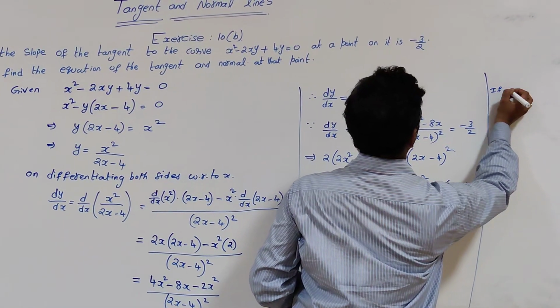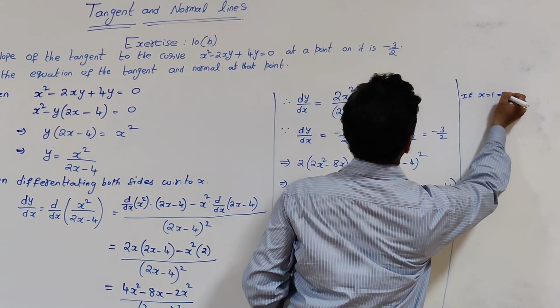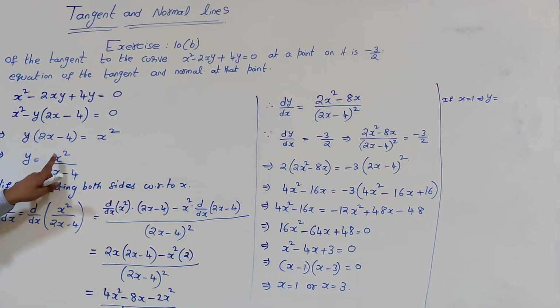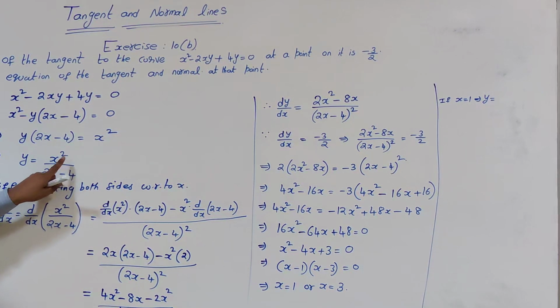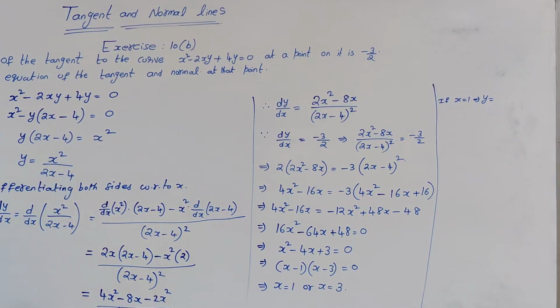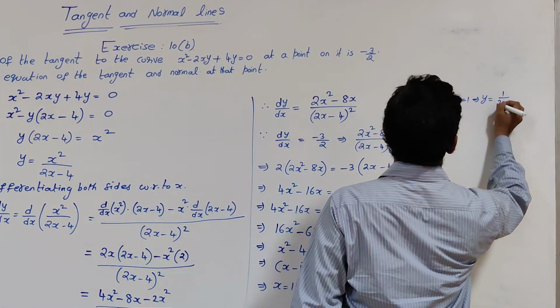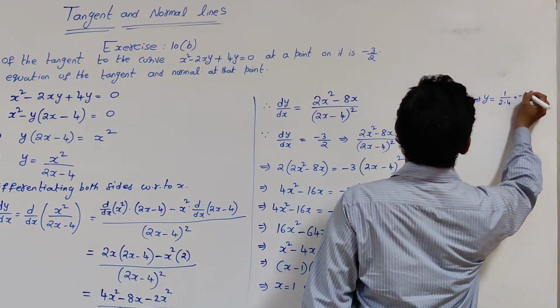If x is equal to 1, y will be what? Substitute x is equal to 1: 1 square by 2 into 1 minus 4, which is 1 by 2 minus 4, which is minus 1 by 2.